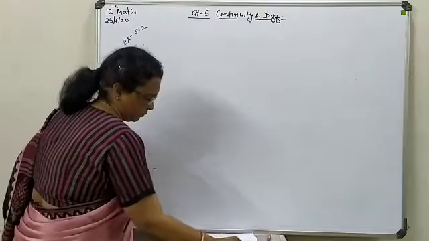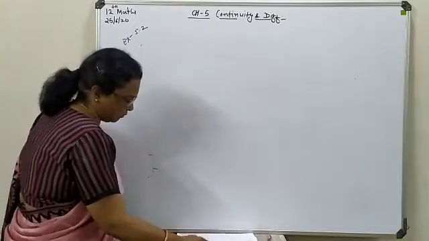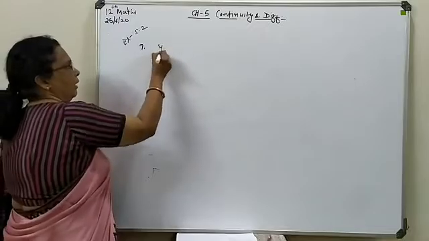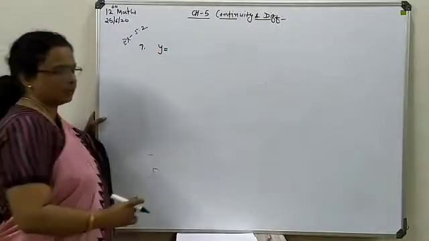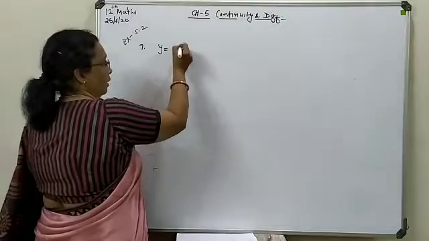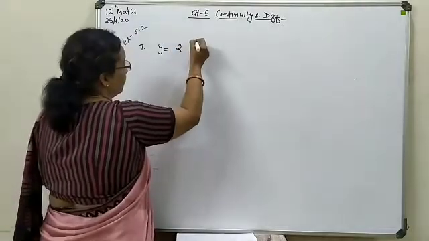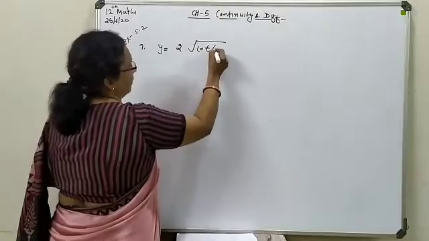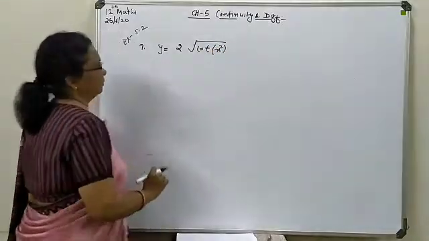Now one more question we look at with the same category, that is question number 7, in which y is available as 2 under root cot x square.